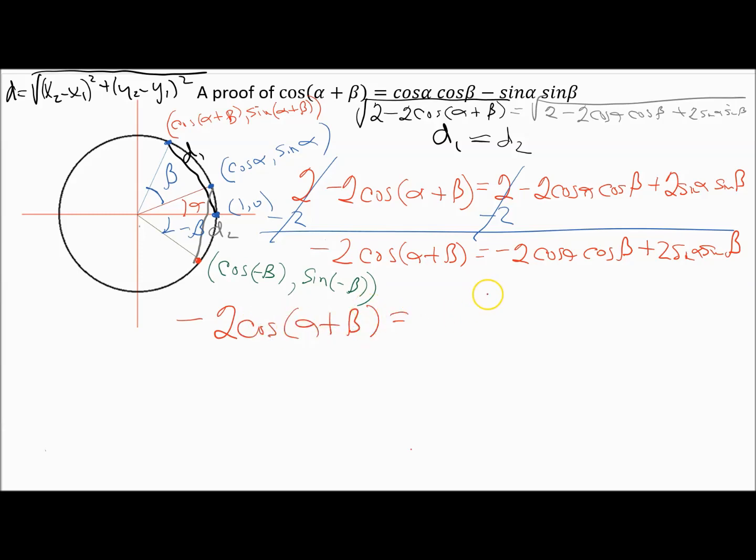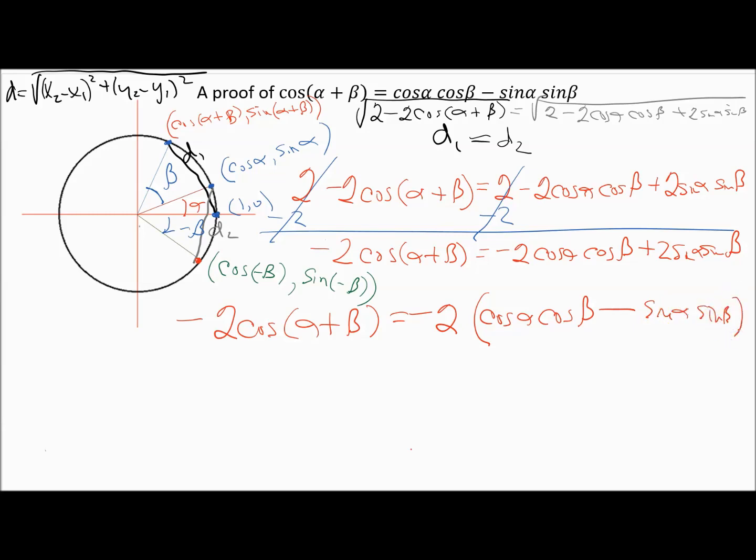Now on the right side, I'm going to factor this common 2 out, but I'm going to pull out a negative 2. And that's going to give me cosine of alpha, cosine of beta, minus, because we're factoring out a negative, it's going to make that minus sine of alpha, sine of beta.